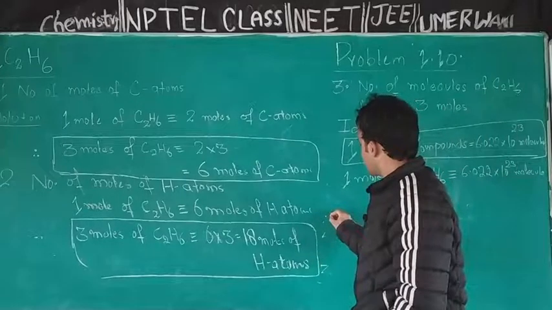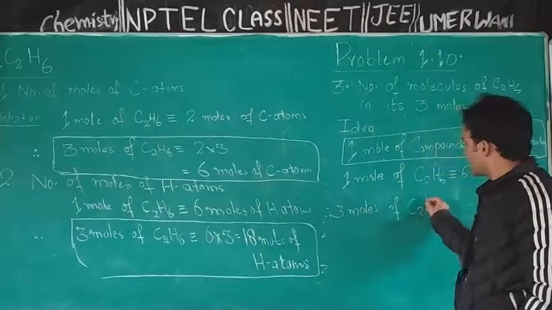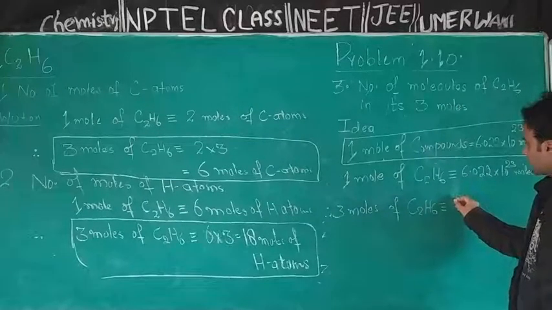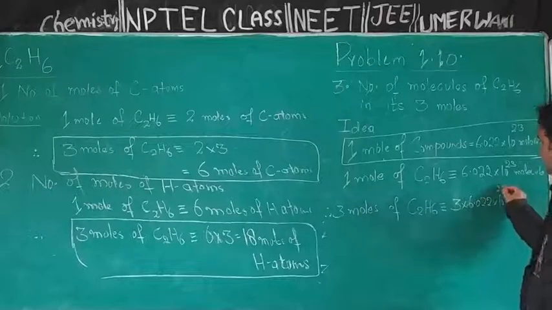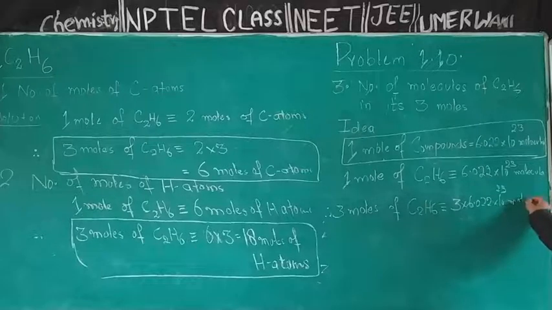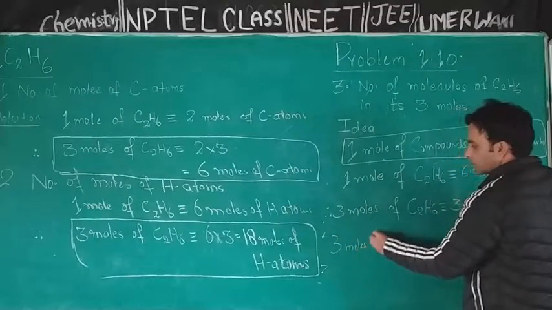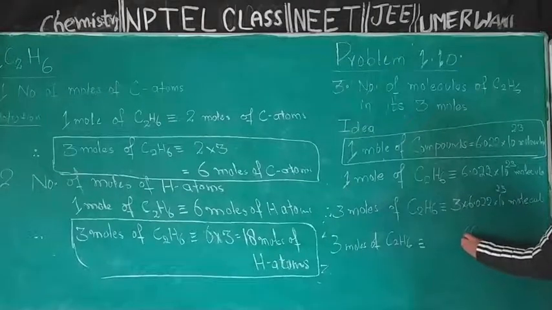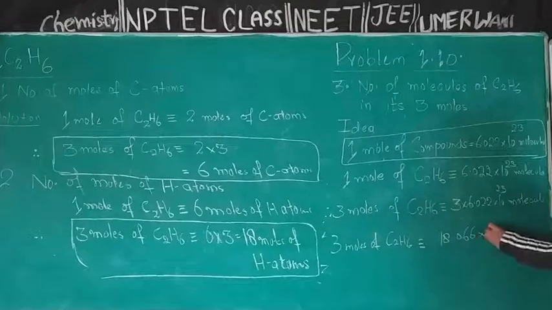Therefore 3 moles of ethane contain number of molecules equal to 3 into 6.022 into 10 raised to power 23 molecules, and it will come equal to 18.066 into 10 raised power 23 molecules. 3 moles of ethane will contain 18.066 into 10 raised power 23 molecules.